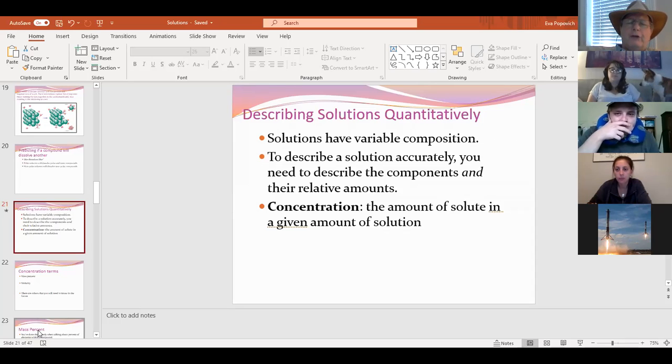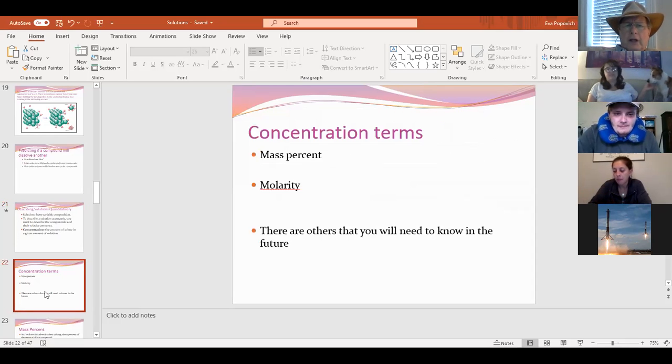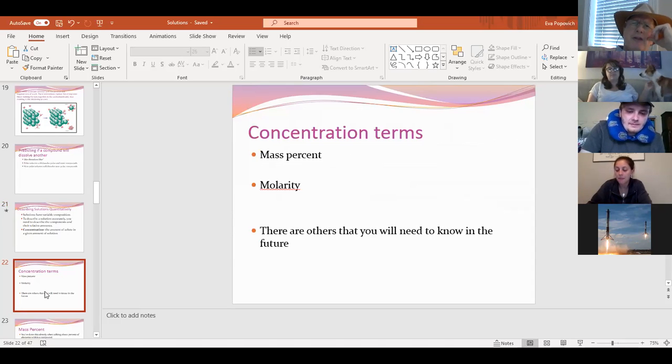The concentration is the amount of the solute in a given amount of solution. We're going to need a couple of different parameters to describe concentration. Those are mass percent and molarity. There are others you're going to need to know in the future, but for right now, I just want you to know these two.